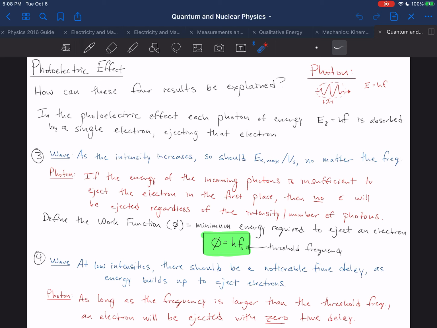That means we detect a photocurrent as soon as that electron reaches that cathode, the moment a single photon ejects that electron and the electron reaches the electrode. That's it. So there's no time delay. You don't have to wait for energy to build up. An electron is ejected immediately as long as the frequency is larger than the threshold frequency.